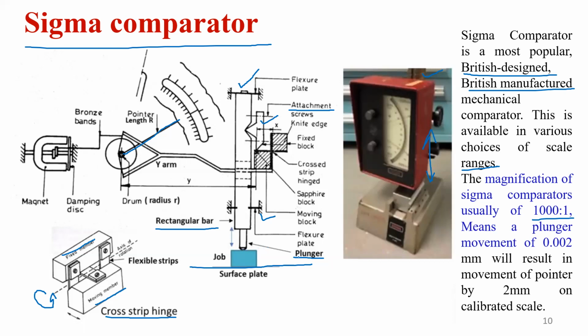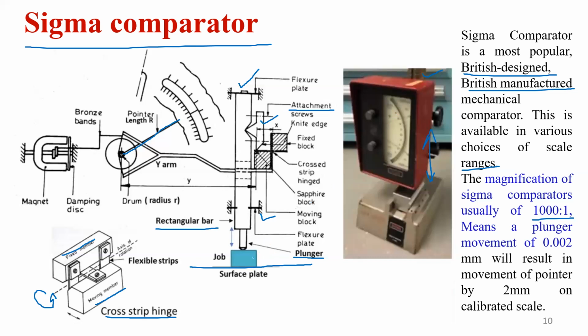Before passing the component which is to be checked for the required dimensions, initially we have to set the comparator for the required dimension, and also we can set the comparator to the limits of dimensions.